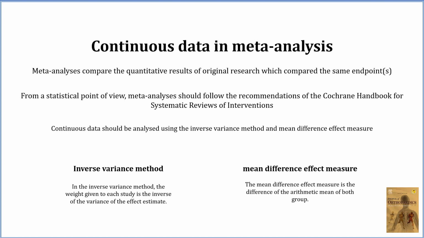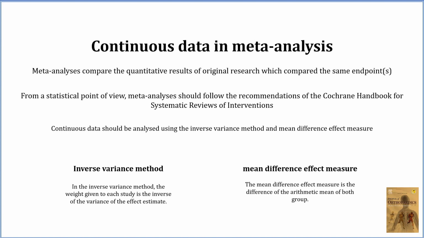What is the inverse variance in statistics? In statistics, inverse variance weighting is a method of aggregating two or more random variables to minimize the variance of the weighted average. It means that each variable is weighted in inverse proportion to its variance.